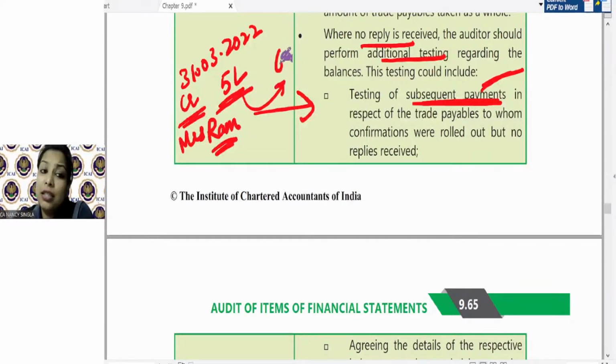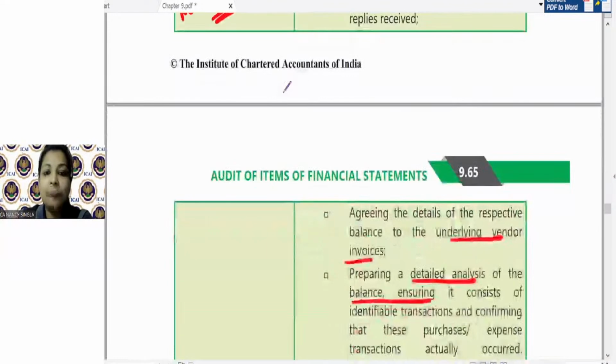However, on 6th April, let's say 5 lakhs is paid to Mr. Ram. So this automatically shows that this balance existed as on 31st March 2022, right? So the existence assertion will be confirmed. Okay? Is it clear?